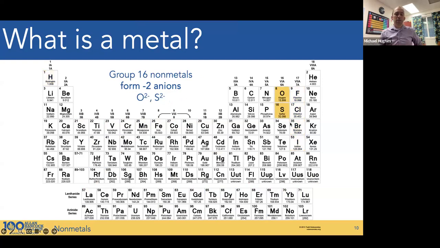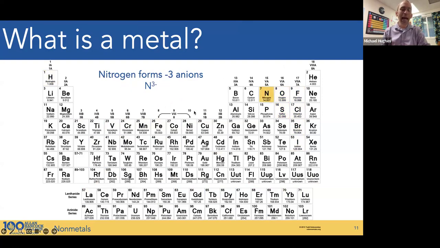The elements oxygen and sulfur in group 16 or 6A gain 2 electrons and form anions with a 2- charge, and nitrogen gains 3 electrons and forms a 3- charged anion.